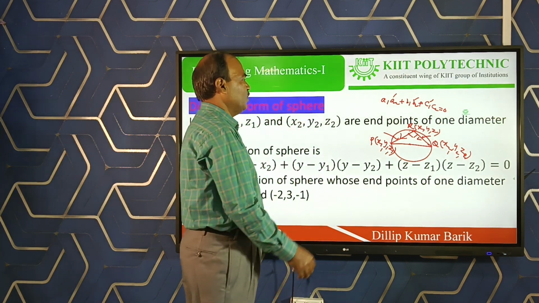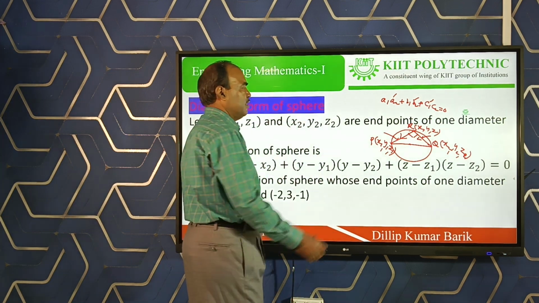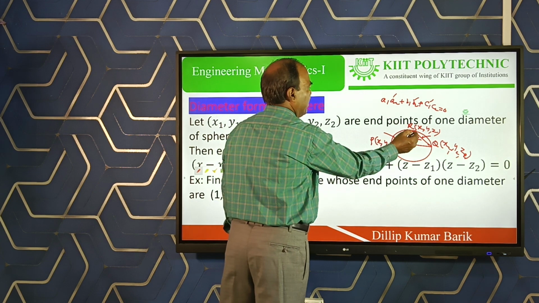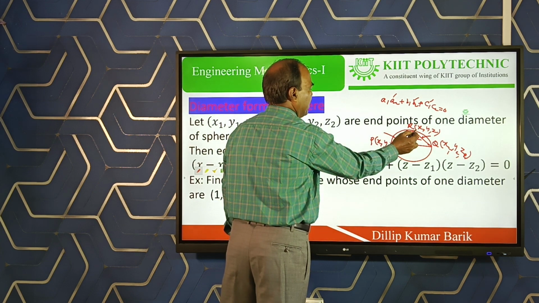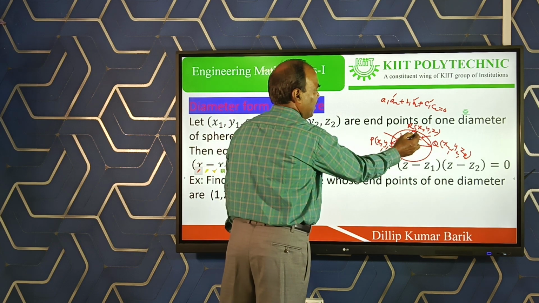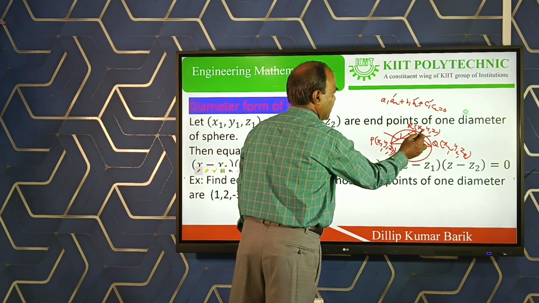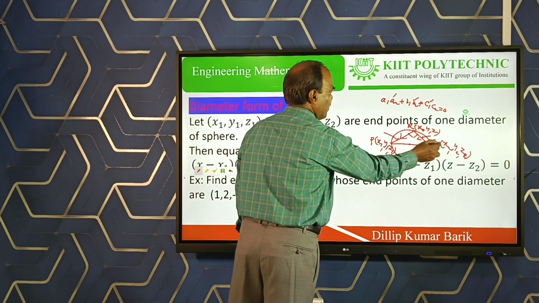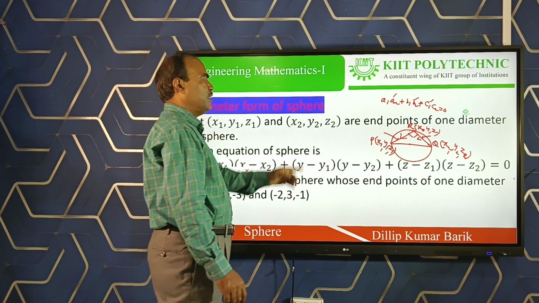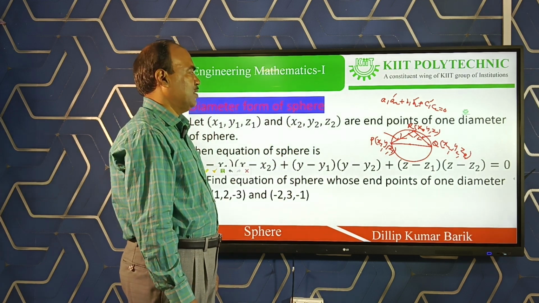Using the previous slide, the direction ratios of PR are x minus x1, y minus y1, z minus z1, and those of QR are x minus x2, y minus y2, z minus z2.